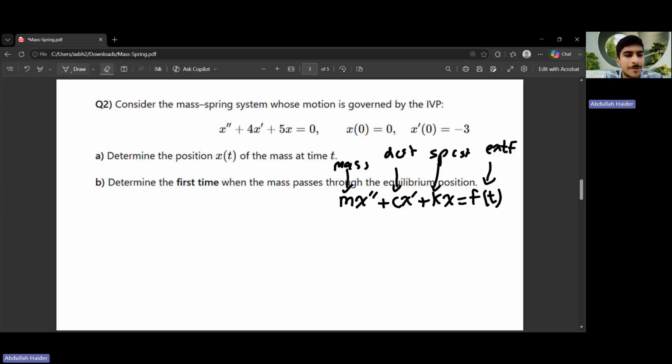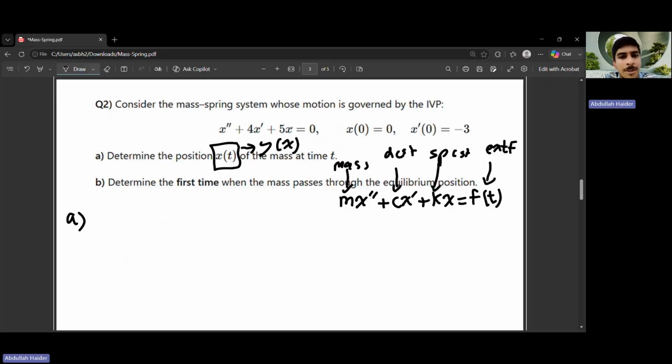So part A of this question is asking us to determine the position of the mass at time t. How we used to do in the previous concepts, we were given an equation like this and we had to find y of x. Here you're trying to find your y of x, but this time in the form of x and t.